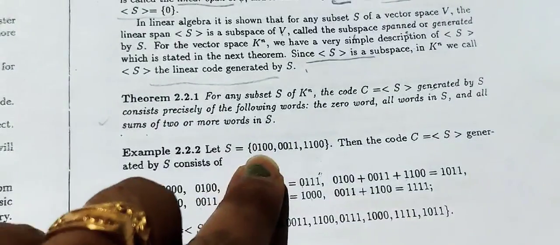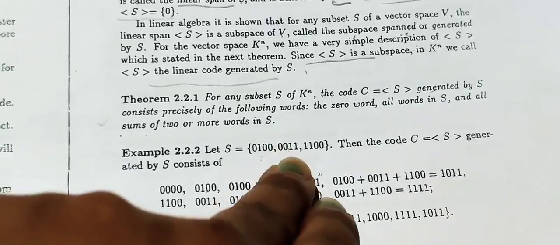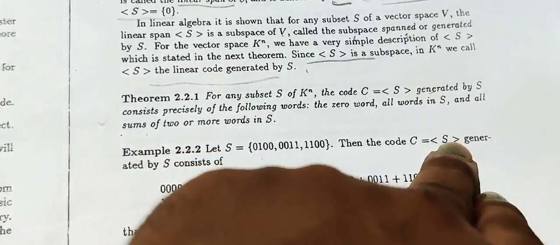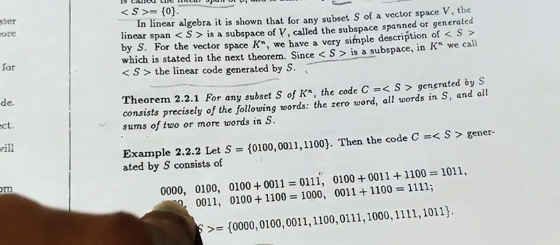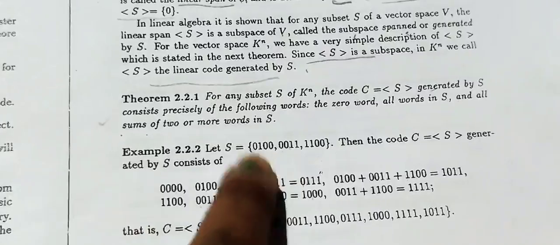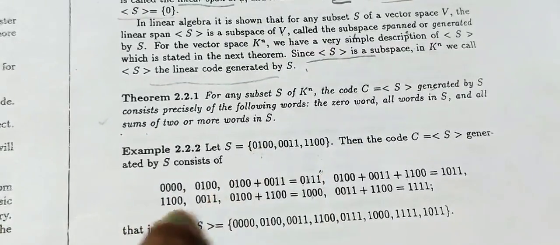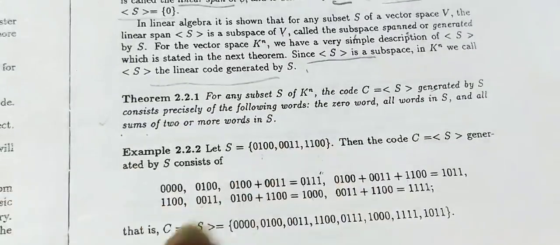So here is an example. S is equal to 0, 1, 0, 0, 0, 0, 1, 1, 1, 1, 0, 0. And then the code C is equal to the one generated by S. So first, what will we have? The zero word of length 4, 0, 0, 0, 0, must be contained, and 0, 1, 0, 0, 0, 0, 1, 1, 1, 1, 0, 0.